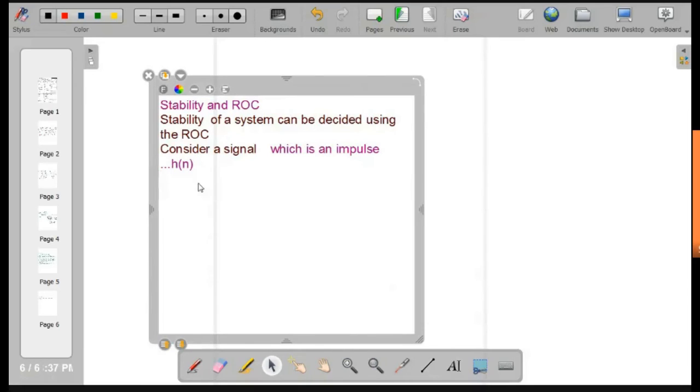Now obviously the Z transform of h of n is simply H of Z, is it not? So if I find this H of Z, it will be very easy to understand.